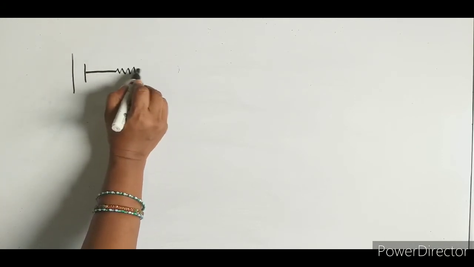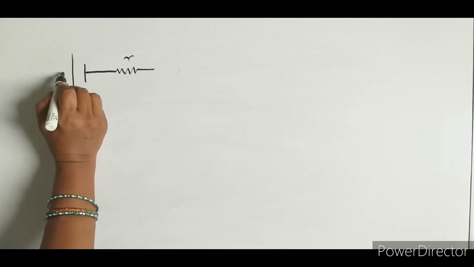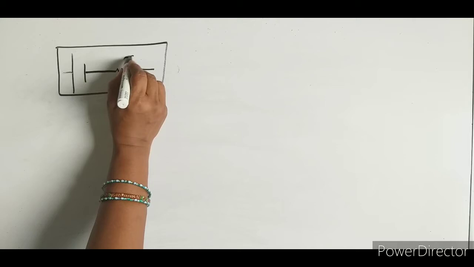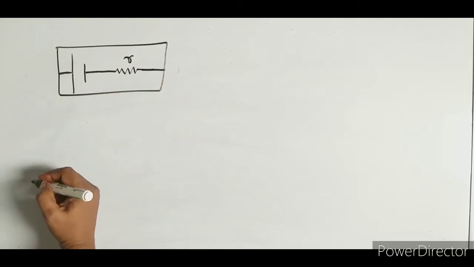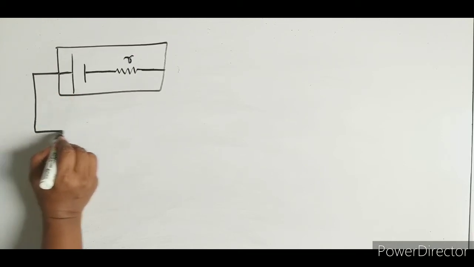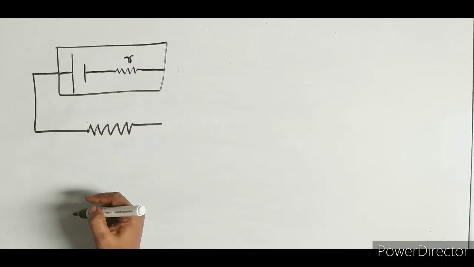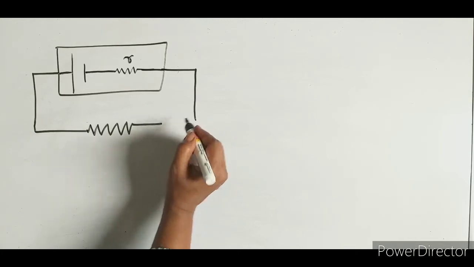This one will be the internal resistance. All together this will be called the cell. This is the positive, this is the negative terminal, and here outside it is connected to the resistance. This is the external resistance. Clear? So this will be external resistance.